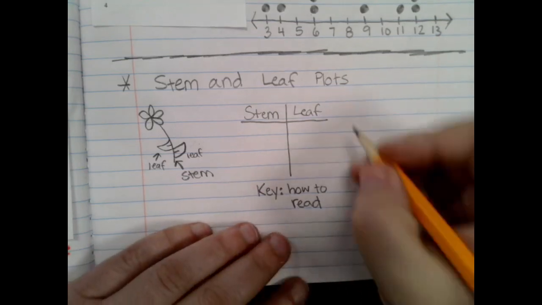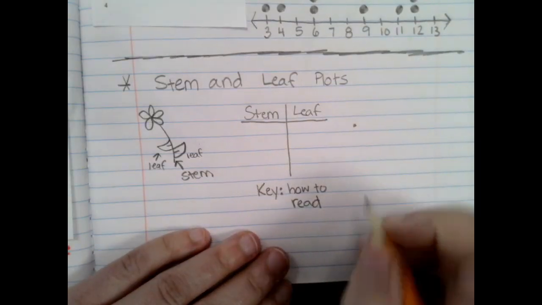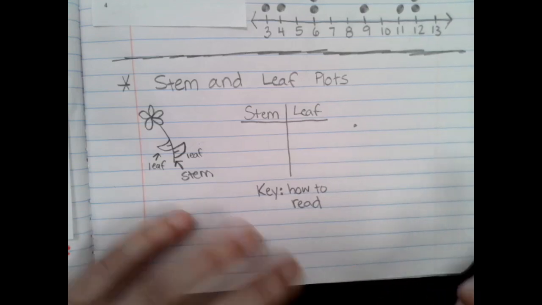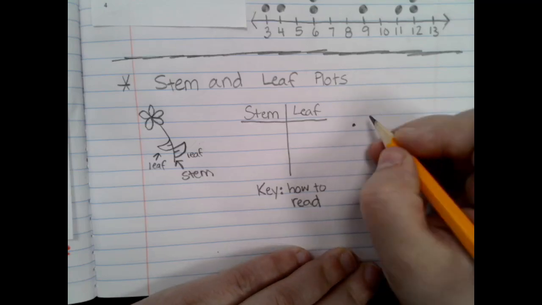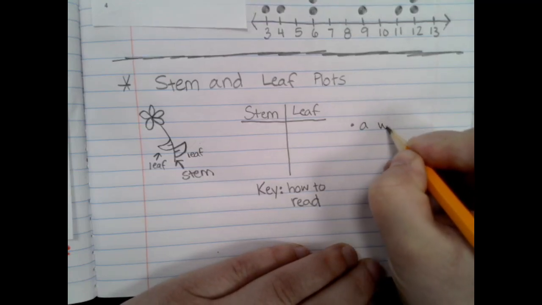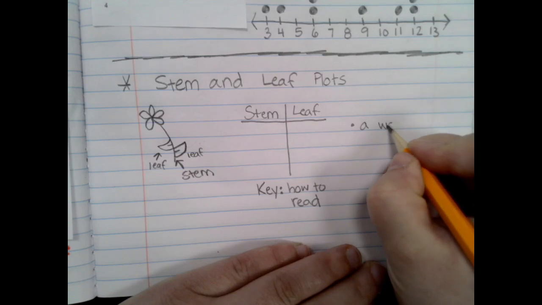Okay. So for our definition, there are two important things that we're going to write, and then we do have a glue-in that we'll do on the next page. First off, it's a way to show data using place values.